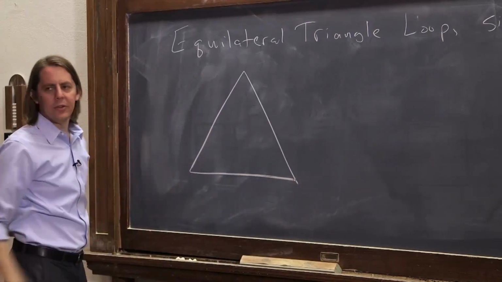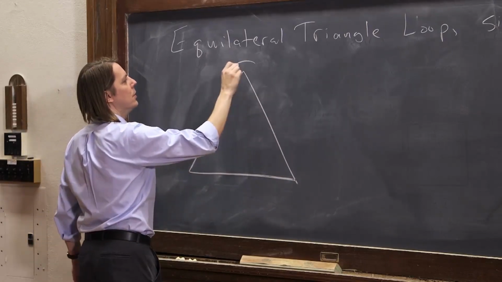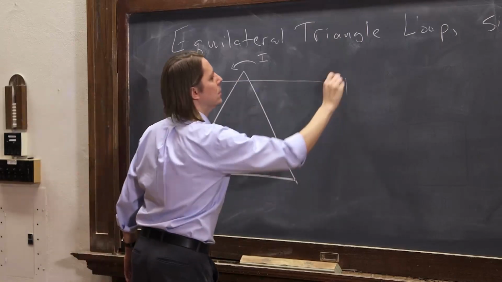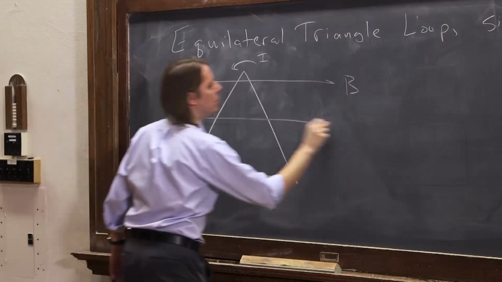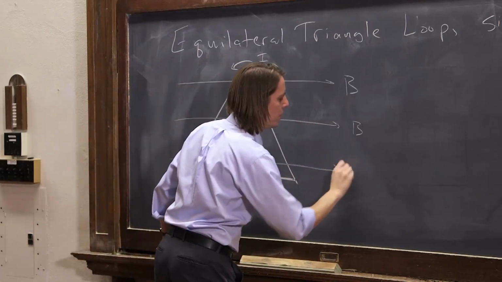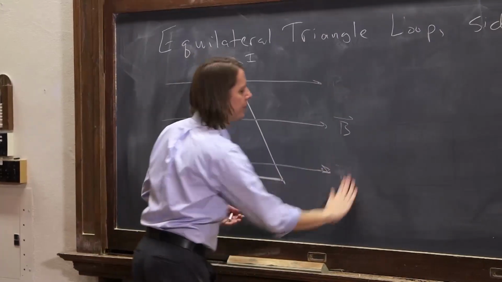Side A, I won't write the A because there's a lot of stuff to draw. And it's sitting with a current going around it, current I, and it's in a magnetic field pointing to the right, just like the square. Okay. I don't know if I need to draw that.